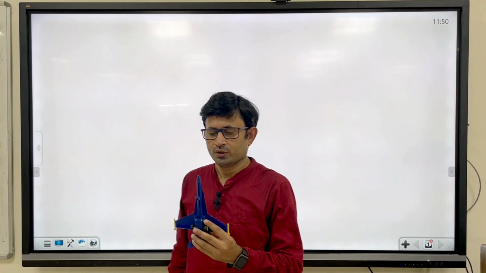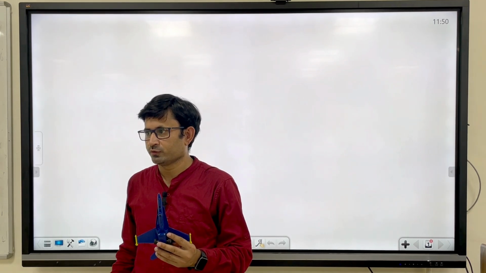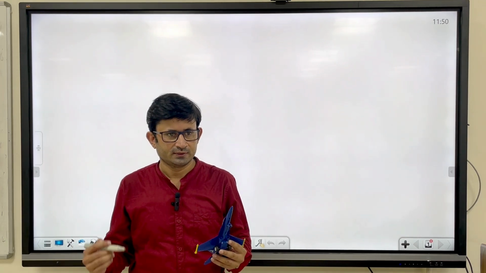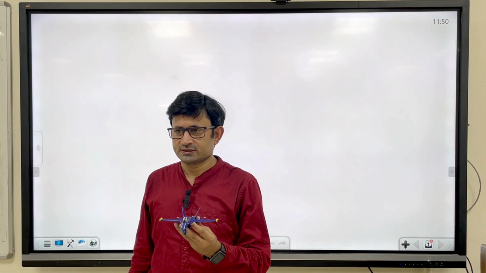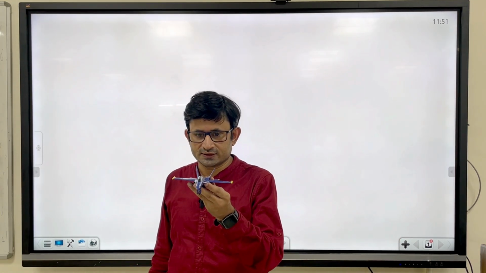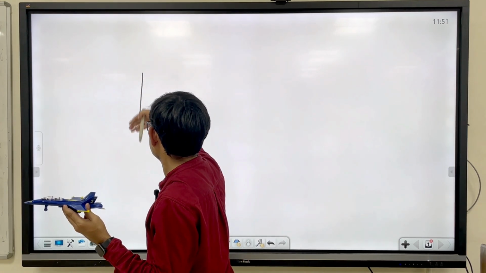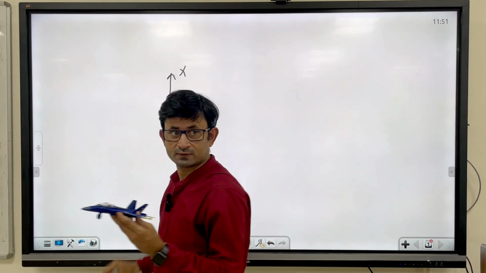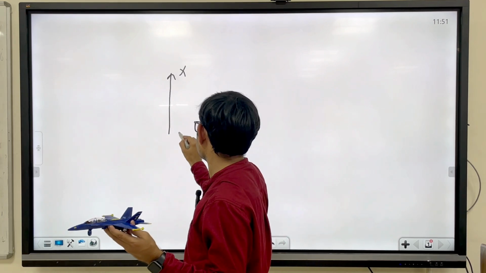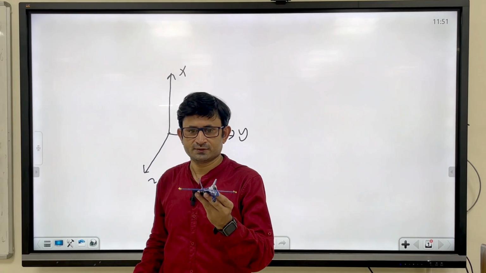You always keep a model with you, so that you can visualize easily. Let's say my first rotation is psi, right? So I will mark the fuselage axis along this x axis. This is x, and perpendicular to that I will draw y, and then finally z, right?